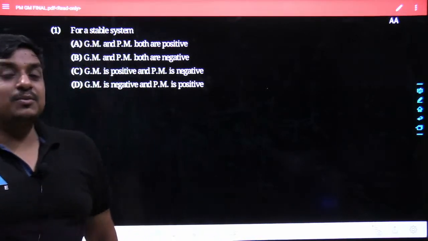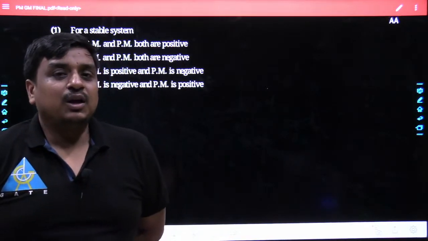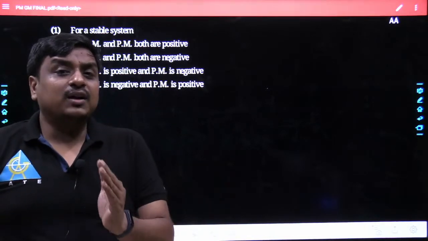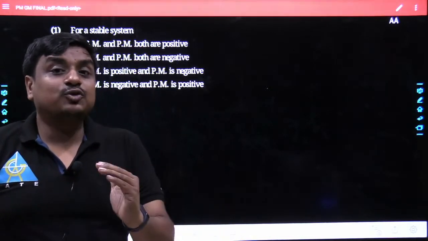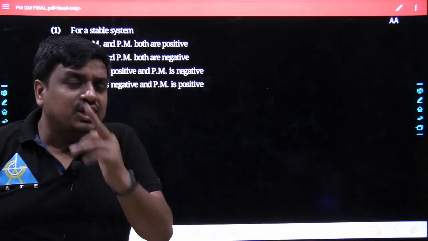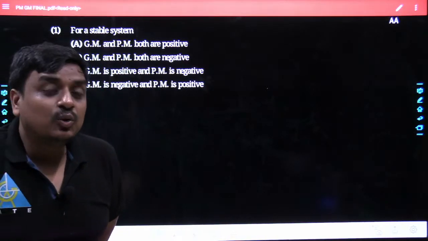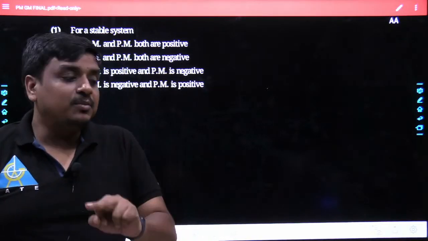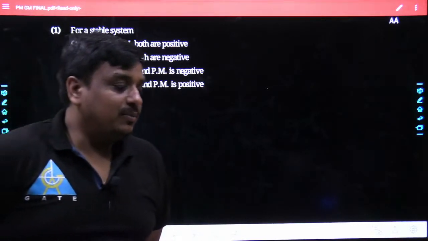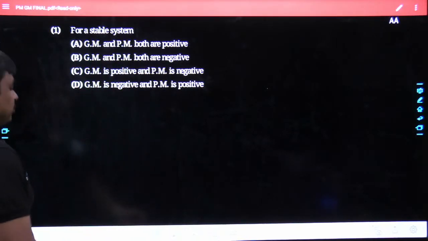For a stable system, definitely phase margin has to be a positive value, and in case of gain margin for a stable system, it has to be greater than 1 if the gain margin is calculated in the linear scale, and similarly greater than 0 when it is calculated in dBs. Agreed with what I am saying? Till this point nobody should have any doubt.